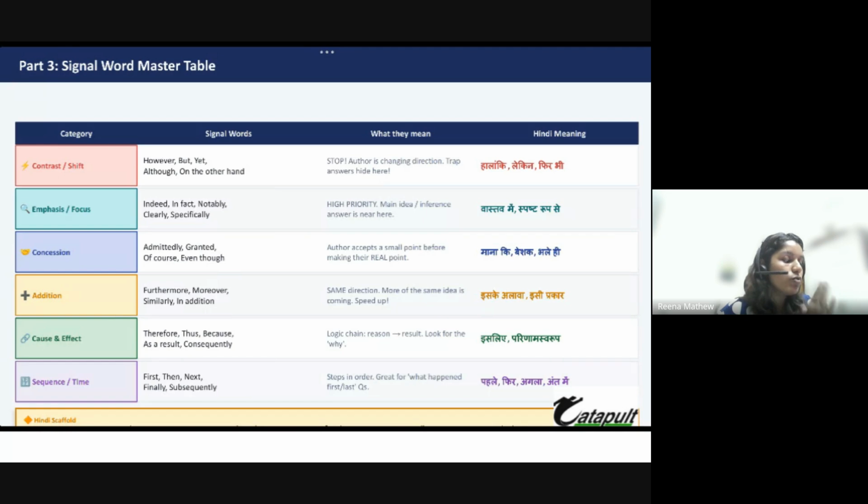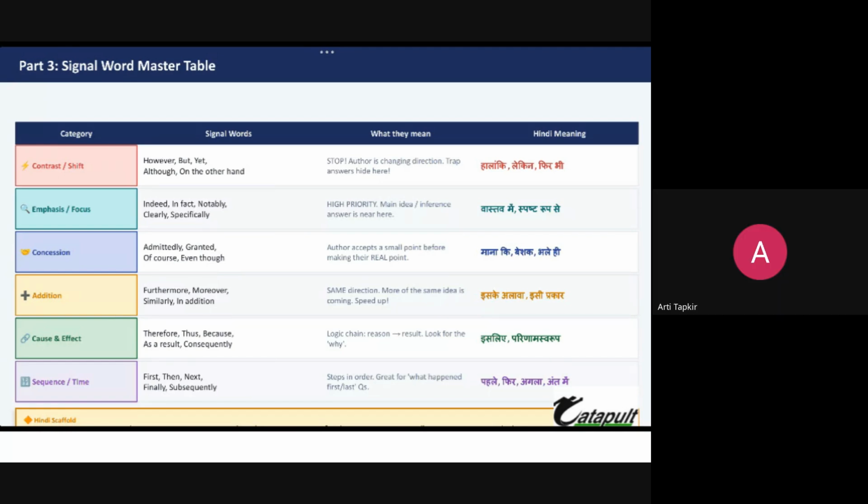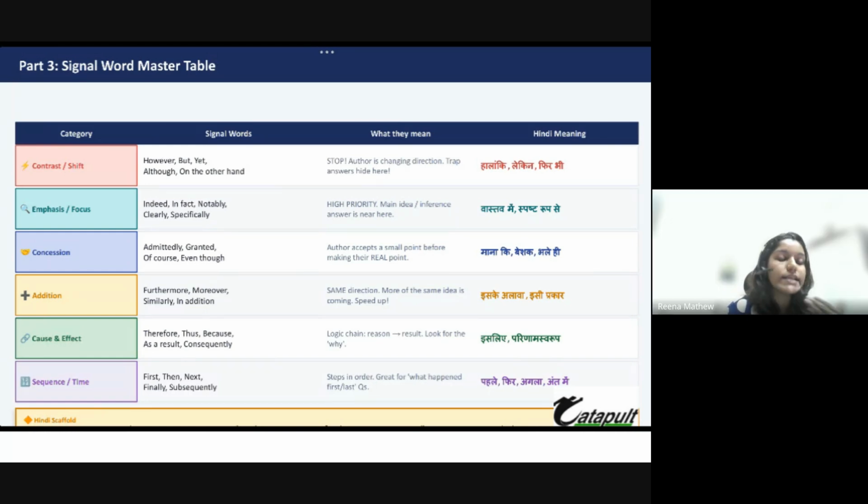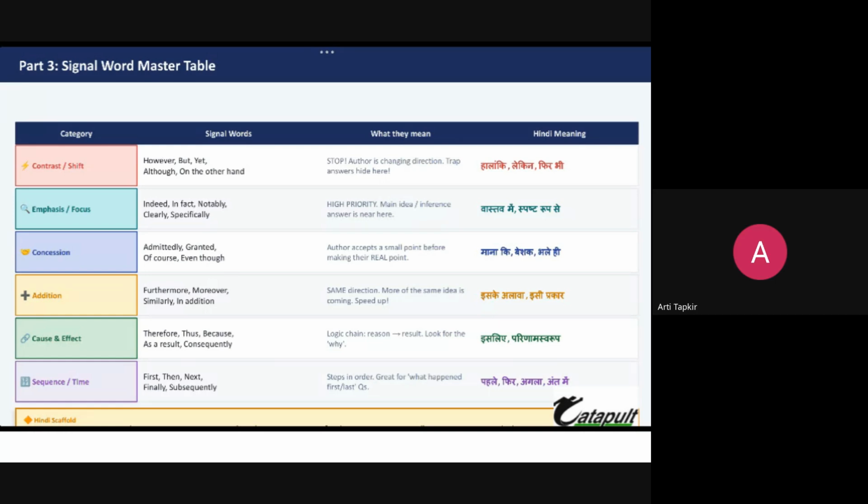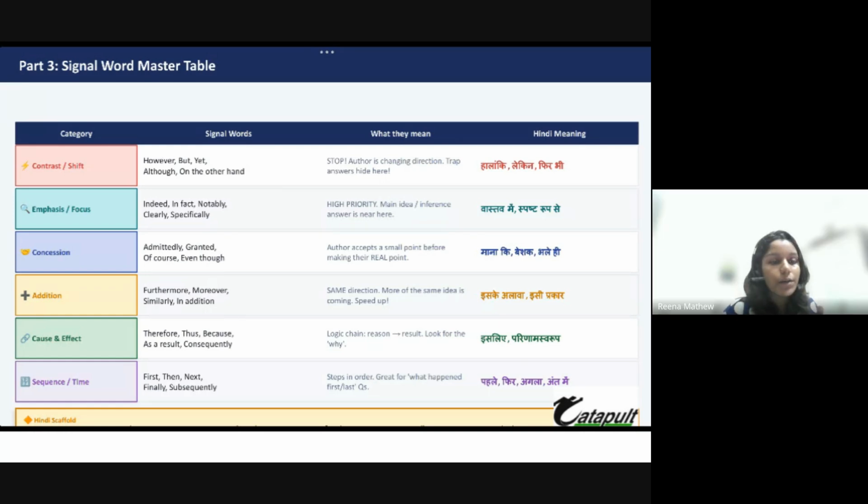Let's leave that for now. Fourth is addition. Addition means besides this, and similarly. If you have words like furthermore, moreover, similarly, in addition, the main idea is just getting added, or the same idea is coming up.